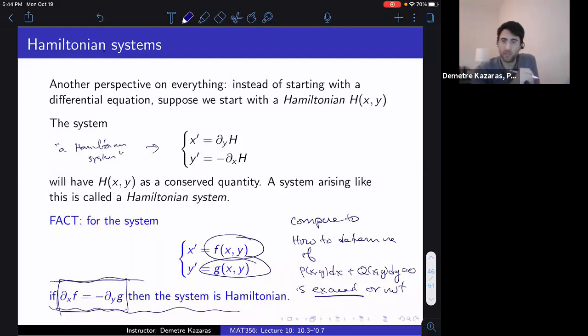Likewise, we get a similar picture here. So you could ask the question, when am I in the situation where f is the y derivative of something and g is minus the x derivative of something? Well, we already basically saw the situation. The answer is when the x derivative of f is equal to the y derivative of minus g, to match things up a little bit more closely.